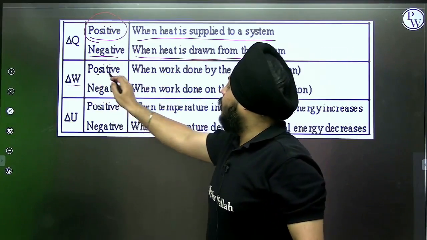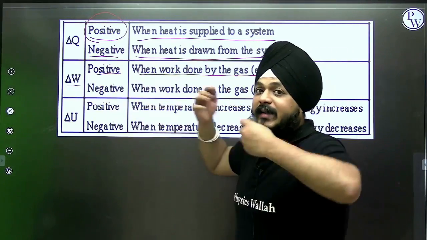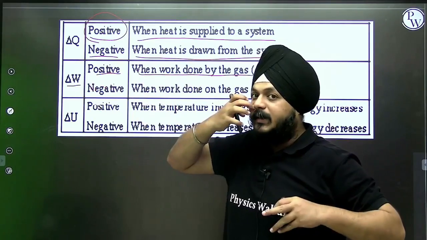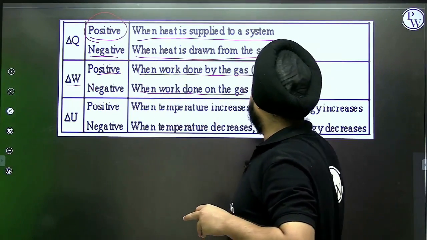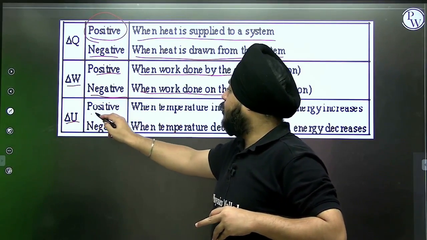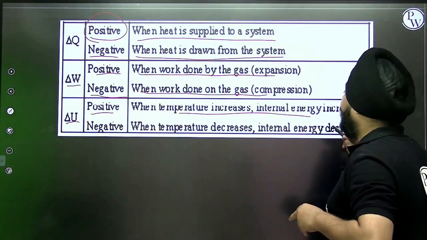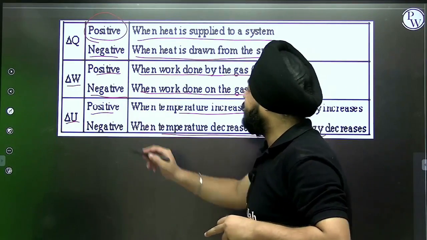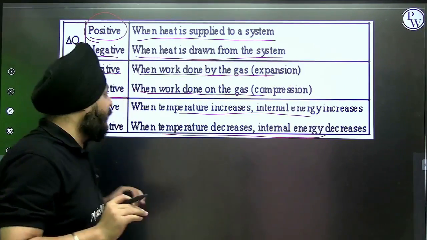Delta W is positive when work is done by the system, expansion. When work is done on the system, compression, it is negative. Delta U is positive when temperature increases, and when temperature decreases, delta U is negative. These are the basic sign conventions.